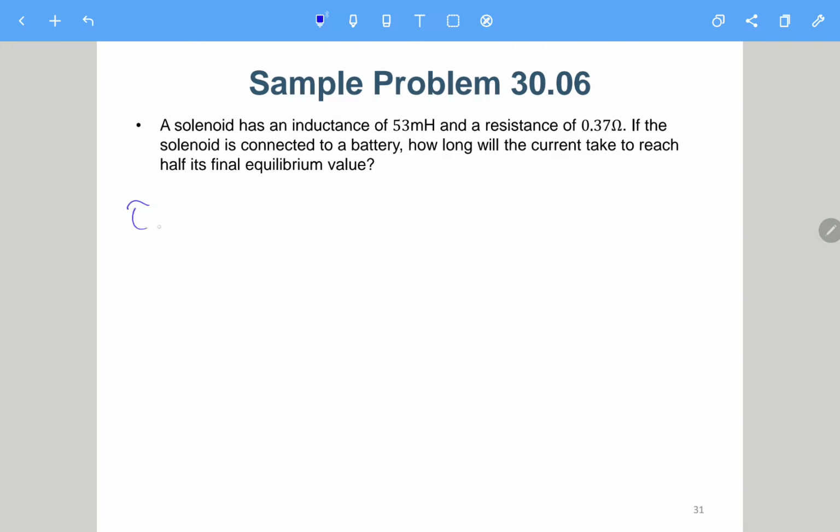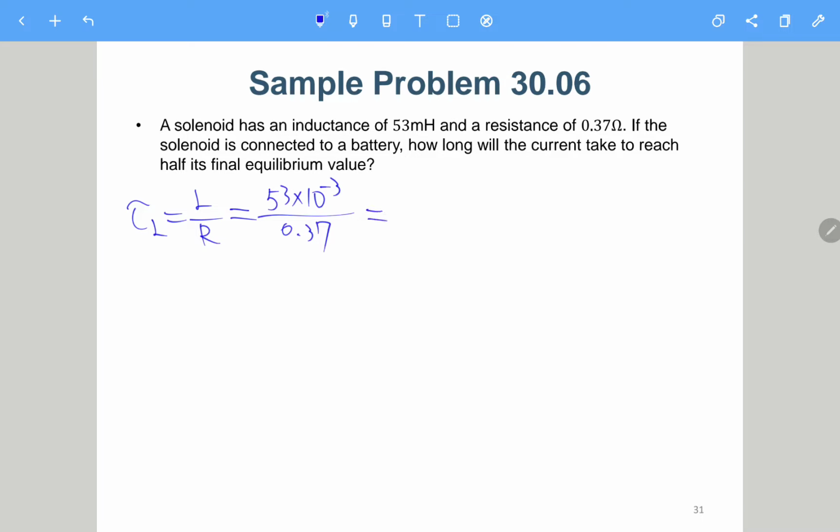Okay, so first we can try to calculate the time constant tau L, which is actually L over R. So it is 53 times 10 to the minus third power over 0.37 ohm.